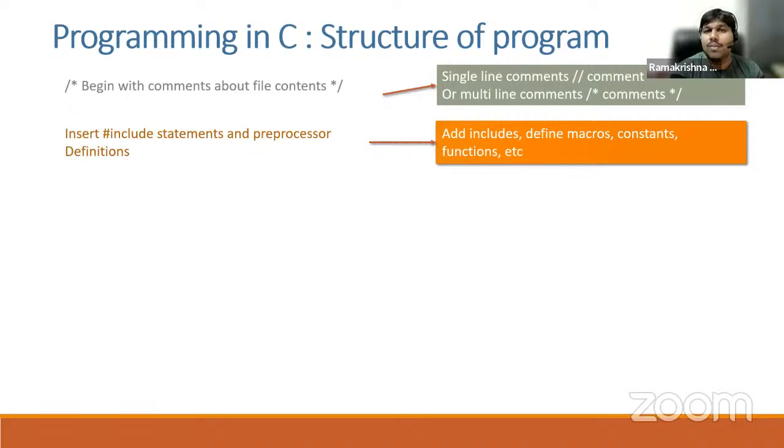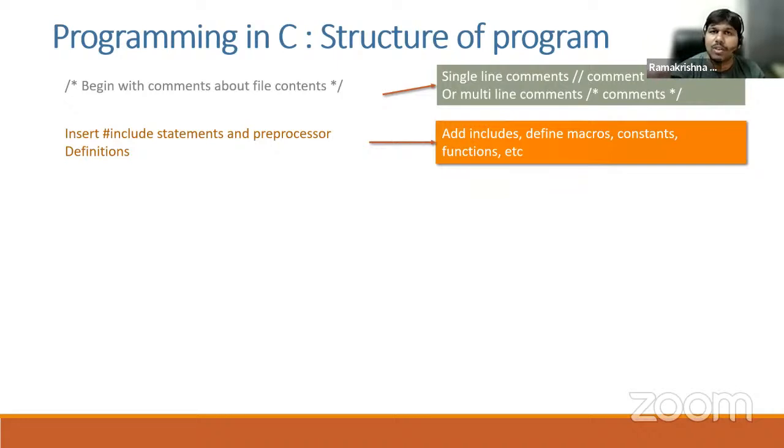Next in the C program, what we will add is the includes. In our first program, hello learners program, we have written hash include stdio.h, in angular braces, which means we are including the standard input output header file.